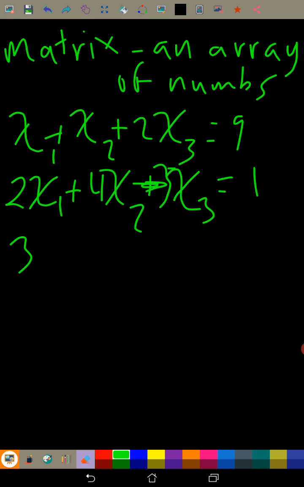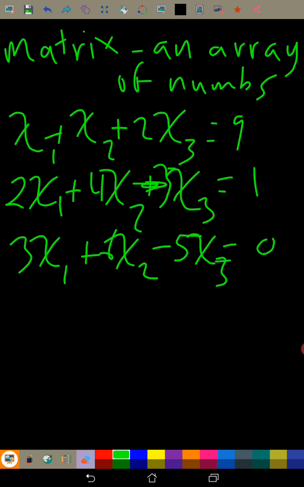And then I have 3x1 plus 6x2 minus 5x3 is equal to 0. So I have these three equations, and I'm going to arrange them in a system of equations.